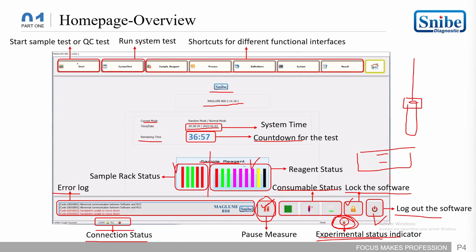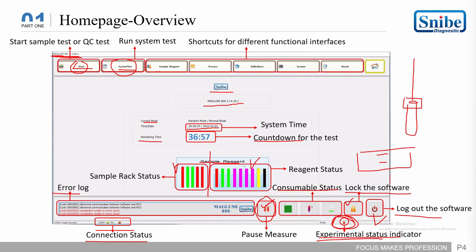On the top, we have the Maglumi model of the analyzer, and here we have the buttons for the different interfaces. We have the start button to start the experiment, system test to choose the repetition for the priming, BGW, and live check tests.